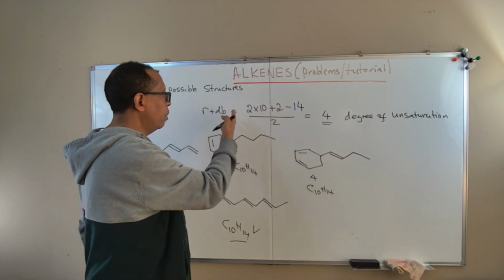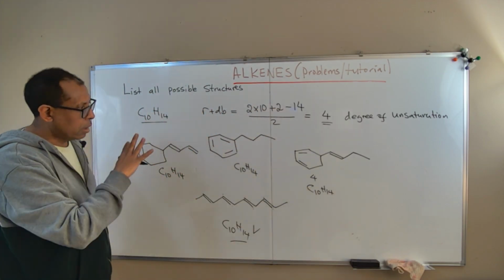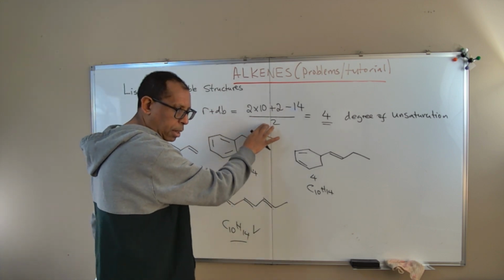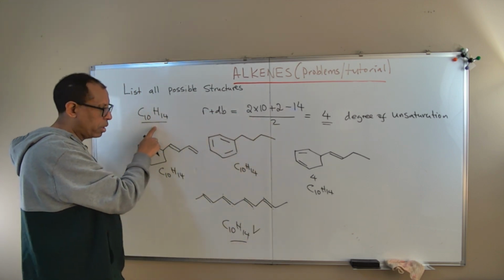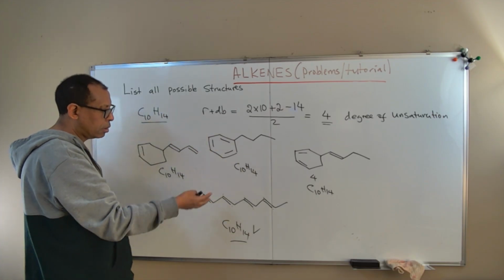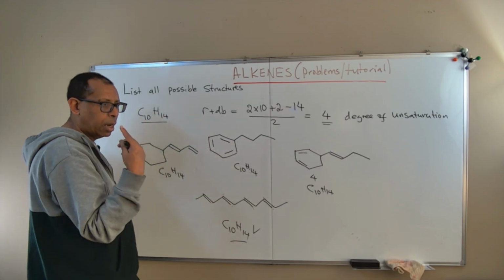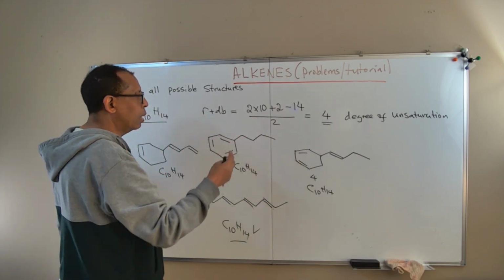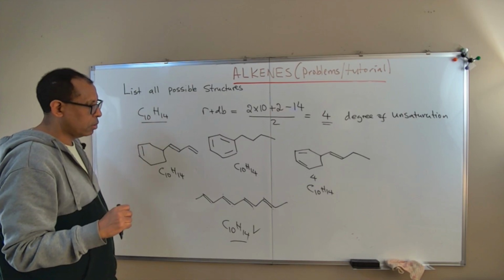As a review, we now need to know how to calculate ring plus double bond if a molecular formula is given, and to write all possible structures. A ring always counts as 1 unsaturation, and of course counts as a degree of unsaturation.